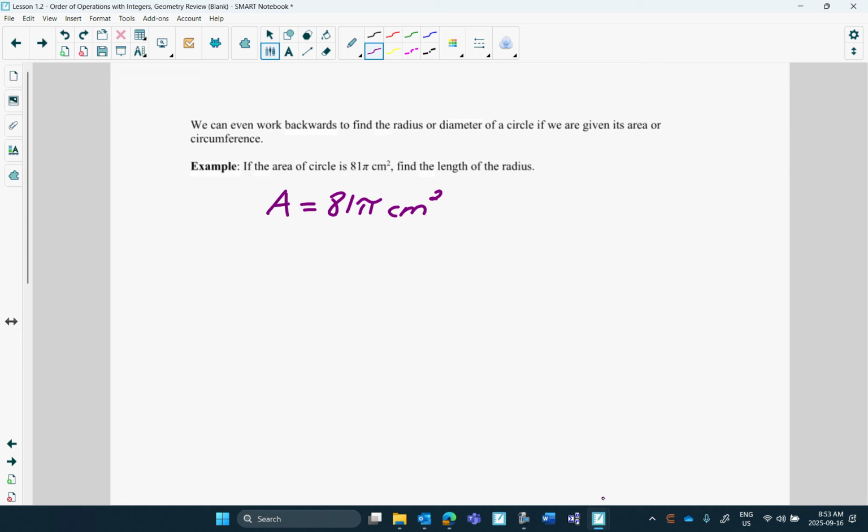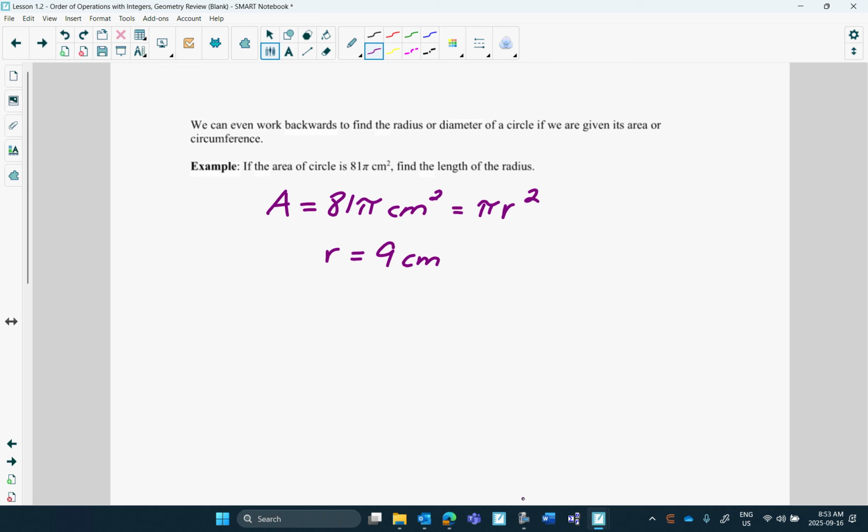Okay. How about this? Doesn't this equal pi r squared? Well, pi equals pi, doesn't it? So doesn't the radius squared have to equal 81? So what times itself gives you 81? 9. So that way you can do it with, I mean, whatever method you use.